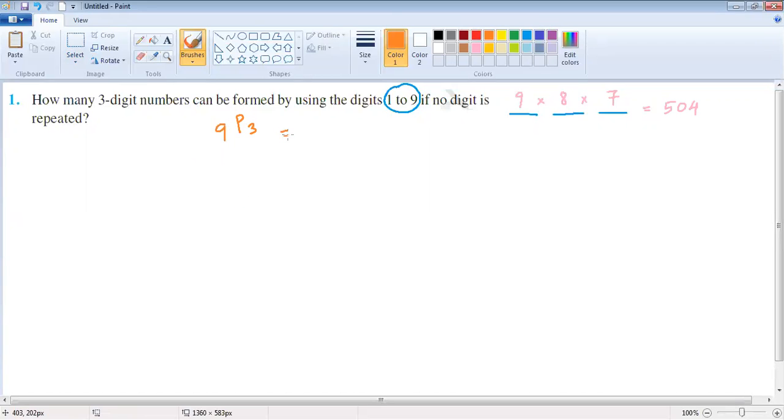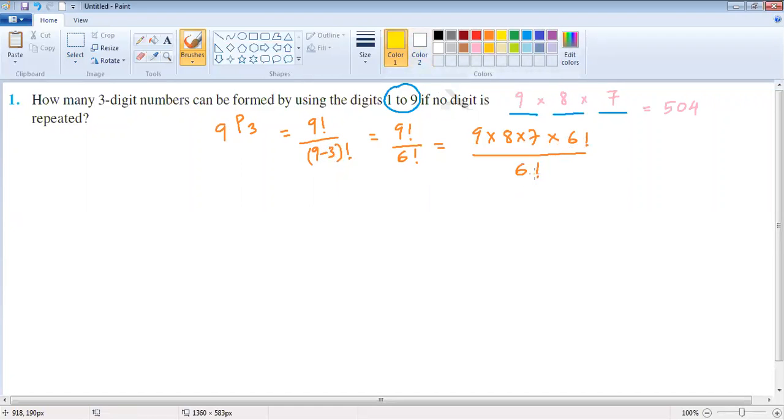So as per the formula, this is 9 factorial divided by 9 minus 3 factorial, which is equal to 9 factorial divided by 6 factorial. If you find the value directly, it will be a very huge value, but you can write 9 factorial as 9 into 8 into 7 into 6 into 5 into 4 into 3 into 2 into 1, divided by 6 factorial.